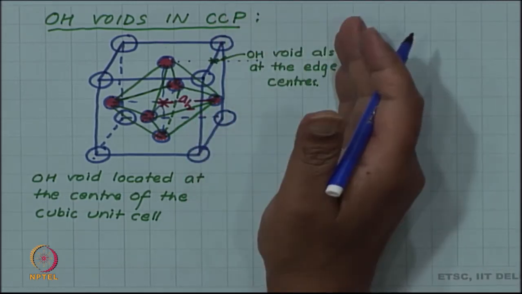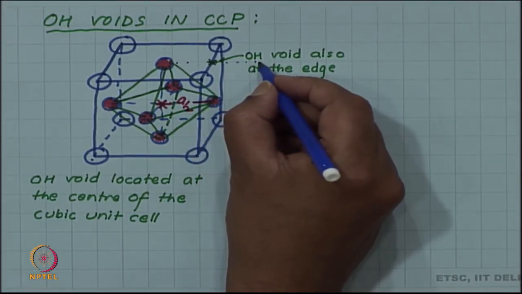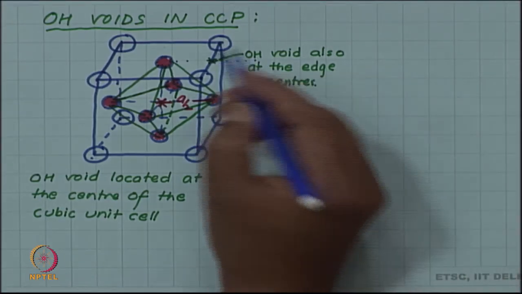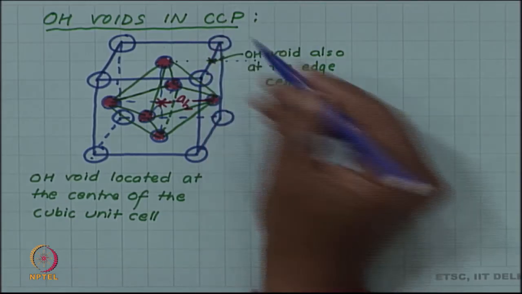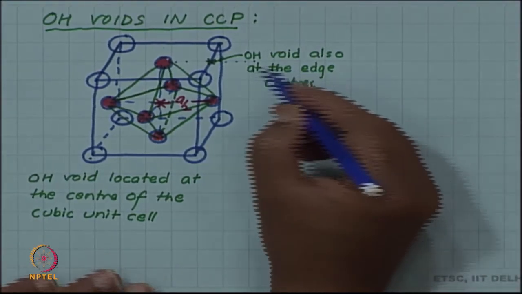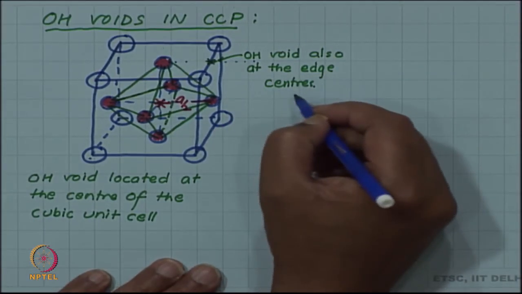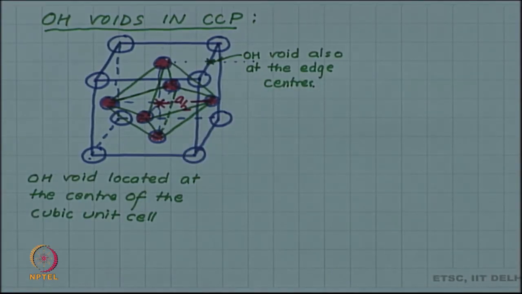The unit cell on the right will provide an atom exactly at a by 2 to the right of this center. Similarly, I have a by 2 bottom, but a by 2 top comes from the next unit cell. So, it is easy to see that the octahedral void is also at the edge centers of the unit cell.